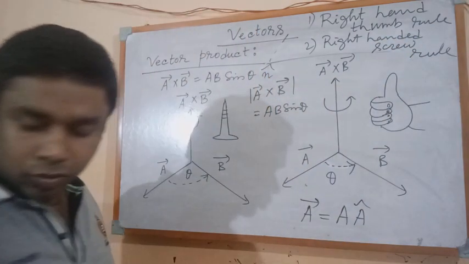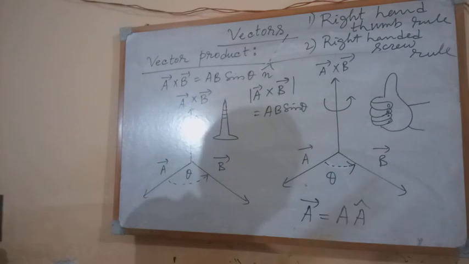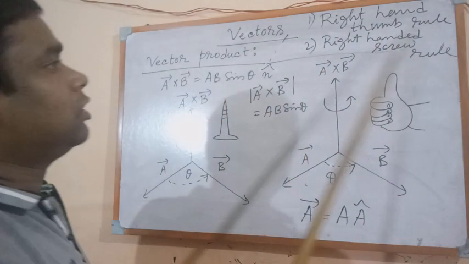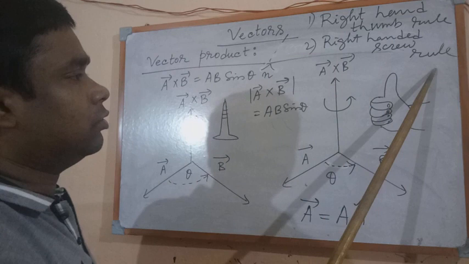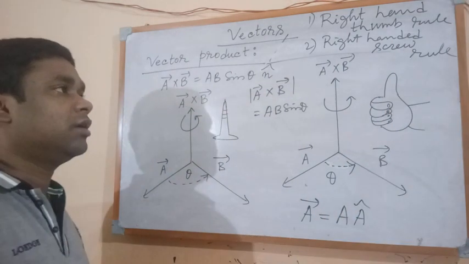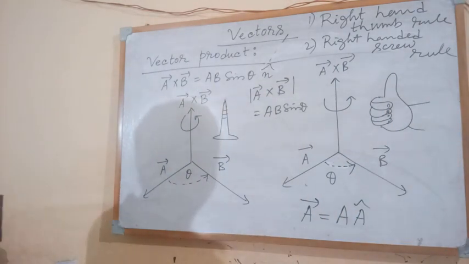Okay, there are two rules, the right hand thumb rule and the right-handed screw rule, by which we can find out the direction of A vector cross B vector.